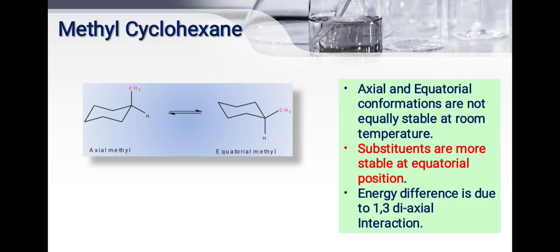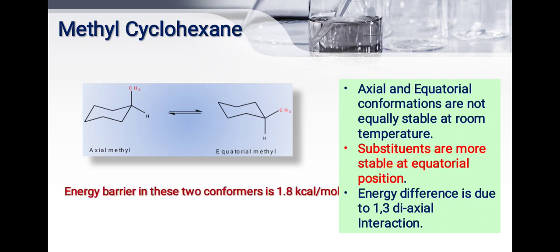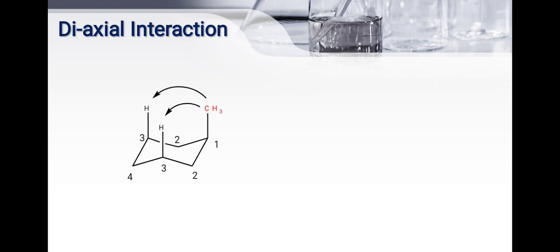Energy difference is due to 1,3 diaxial interaction, and the energy barrier in these two conformations is 1.8 kilocalorie per mole. Then see the diaxial interaction. When the methyl group is present on the first carbon, here see the interactions.